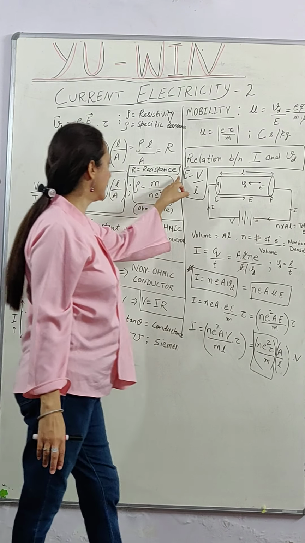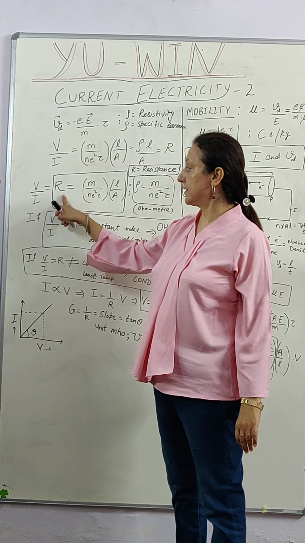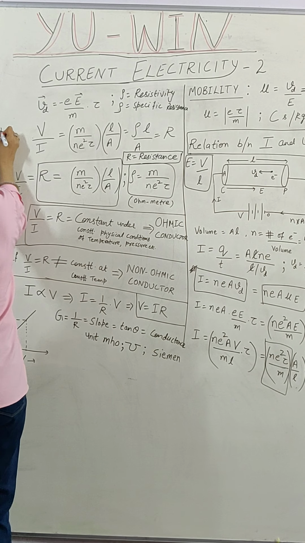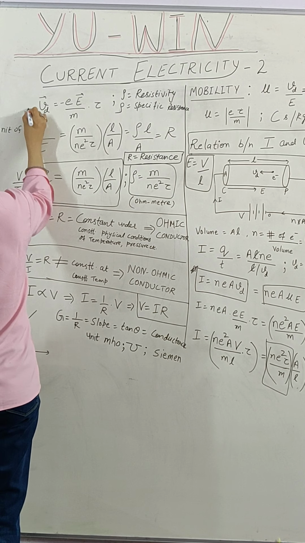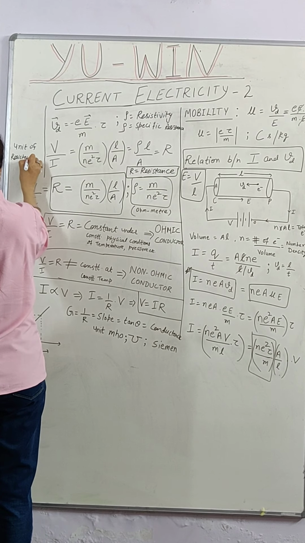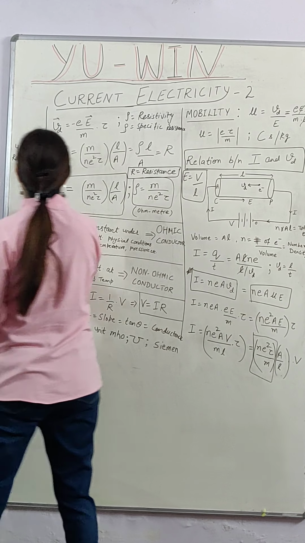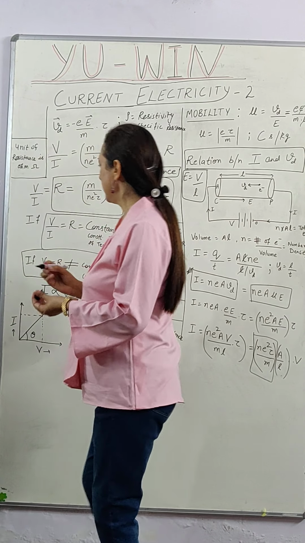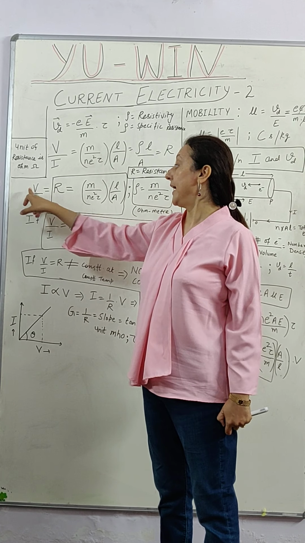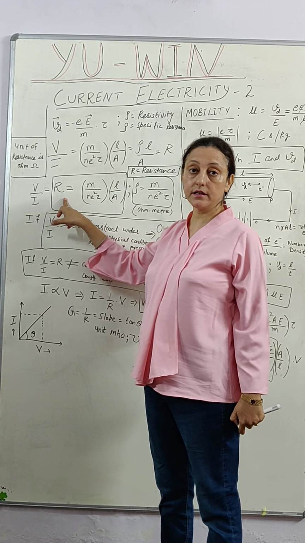You can define resistance in many ways. If I have to define resistance from V by I is equal to R, then the unit of resistance, all of you are very much aware, is ohm. I can also define resistance in this way: when a voltage of 1 volt is applied and the resultant current is 1 ampere, then the resistance of the circuit is said to be 1 ohm.